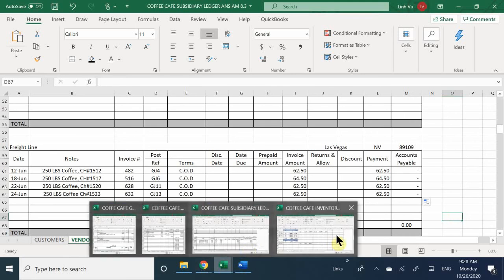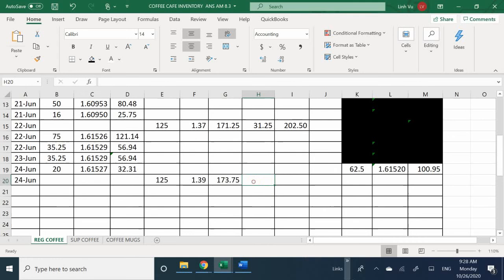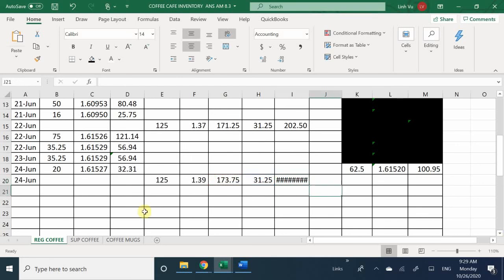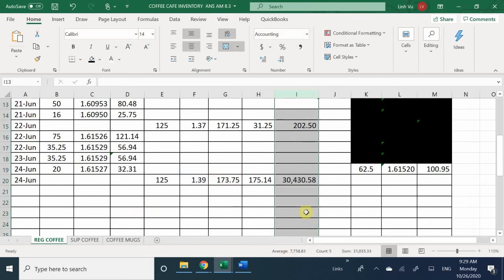Okay, and then, like Tennyson said, we're going to go to our inventory and update our freight. So, how much was our freight for the regular coffee? 3125. Bringing my total to 205 even. Oops, did I multiply that? Okay, yeah, I did multiply that.